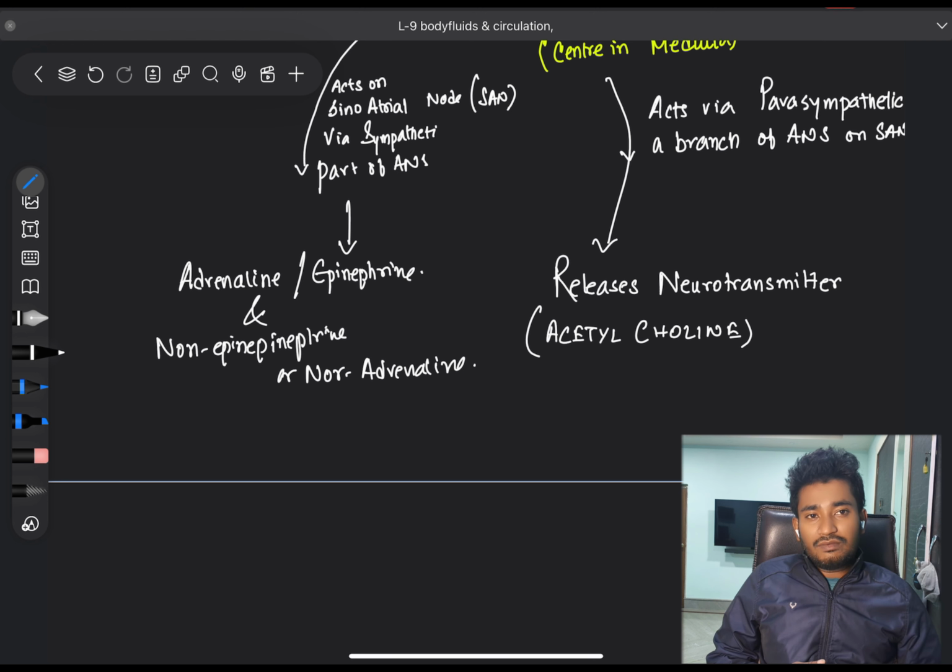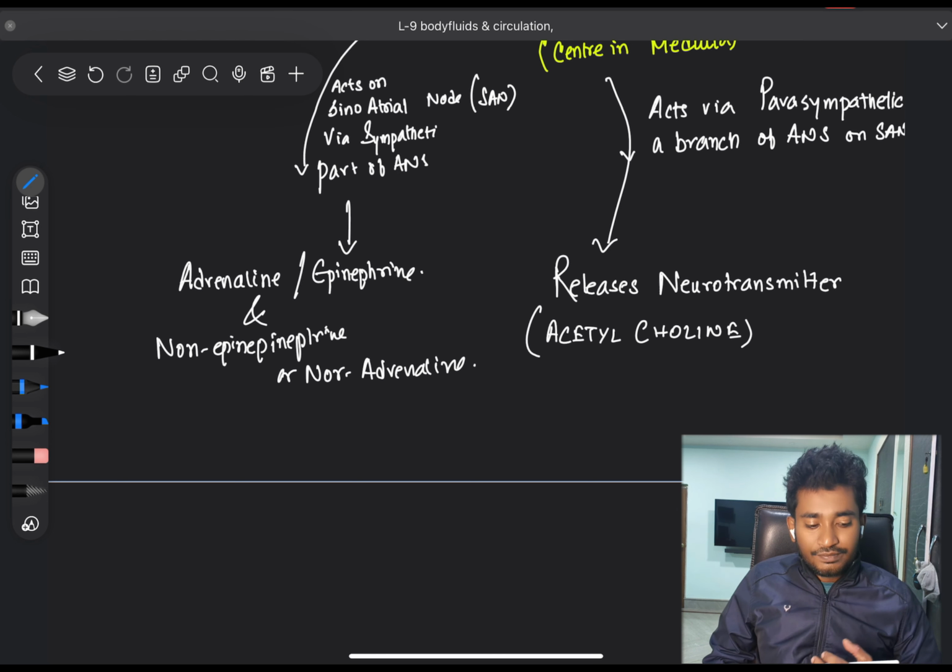The body fights the infection, so the blood pressure falls off. To prevent damage to the vital organs, we need to add a vasoconstrictor so that the blood pressure is maintained in these critical patients. So we use adrenaline or noradrenaline. Noradrenaline in short form we call NORAD.